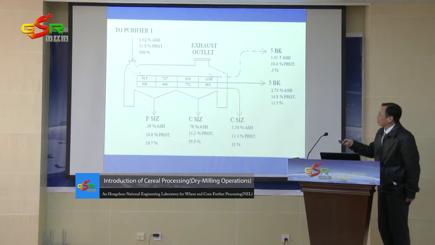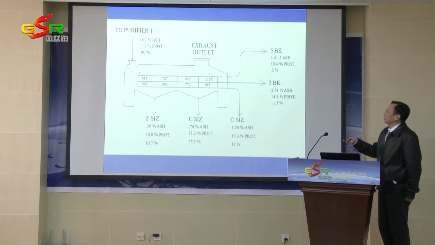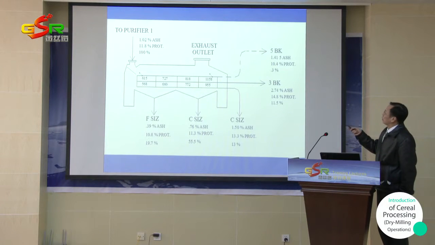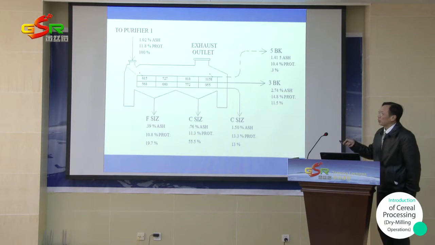So, in the complicated milling system for wheat, we can get many different types of material to meet the product requirements.